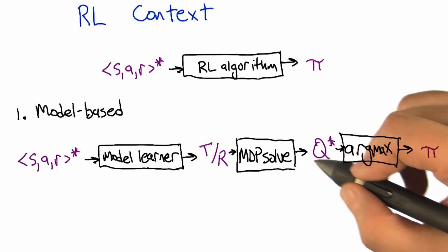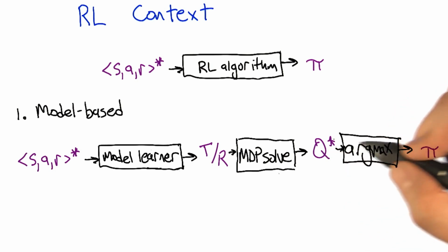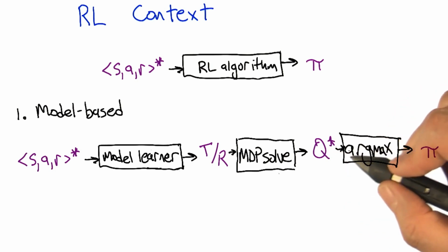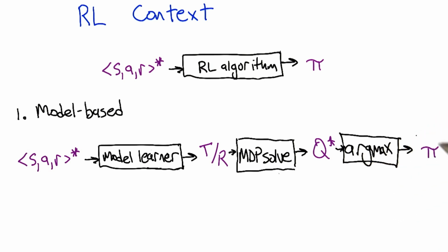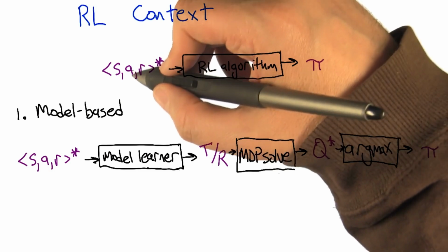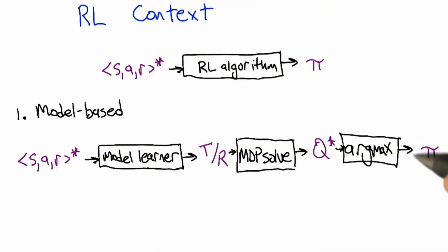Once you've learned them, you could put them through an MDP solver, like we've talked about, which could be used to spit out a Q star, an optimal value function. And once you have the optimal value function, just by taking the argmax in the state that you're in, you can choose which action you should take in any given state, and that gives you the policy. So it's still mapping the state action reward sequence to policies, but it's doing it by creating all these intermediate values in between.